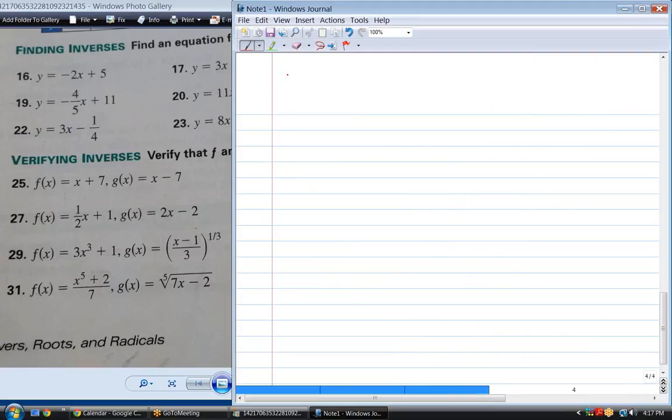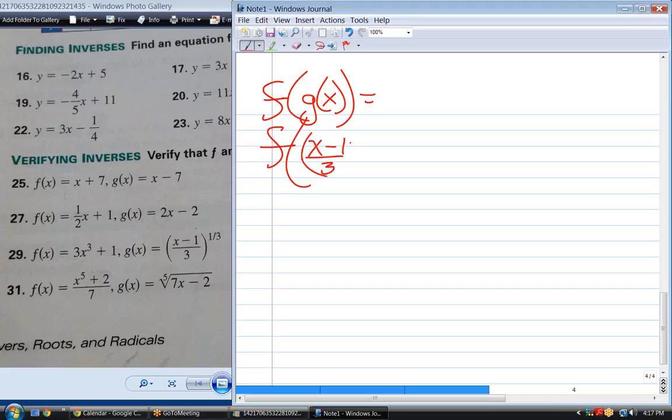It's 29. So it's just f of x minus 1 over 3, to the 1/3 power. I need double parentheses here, absolutely.